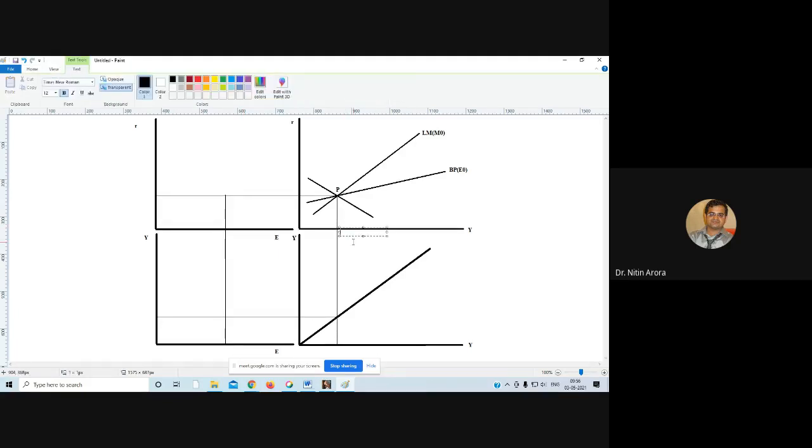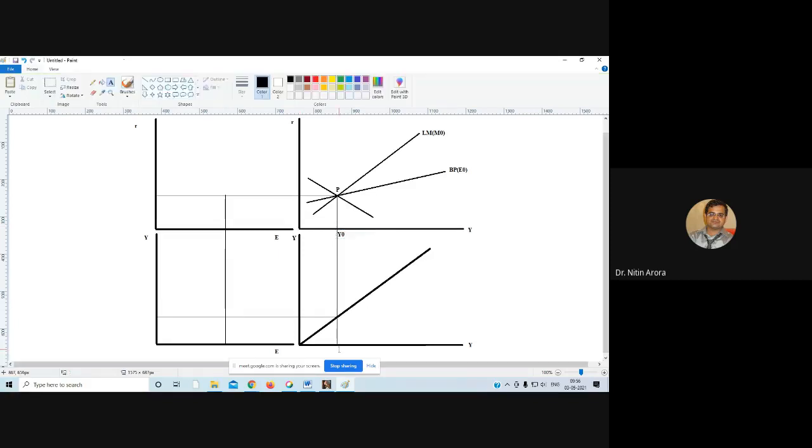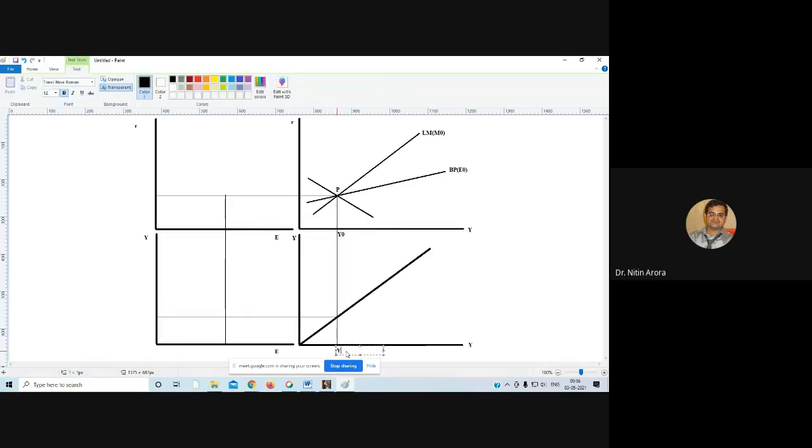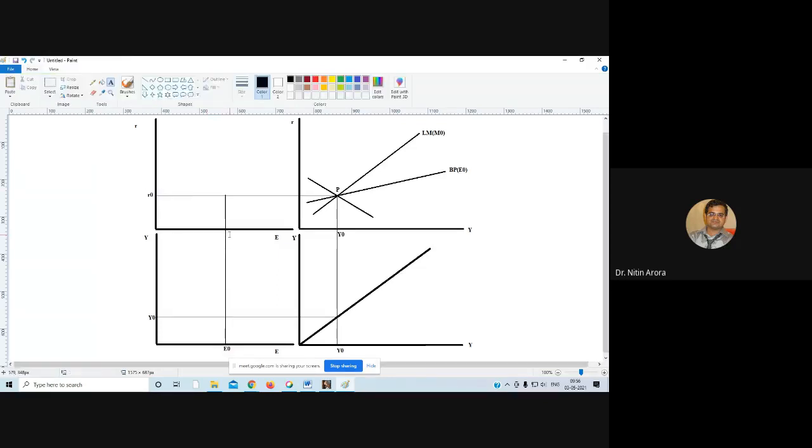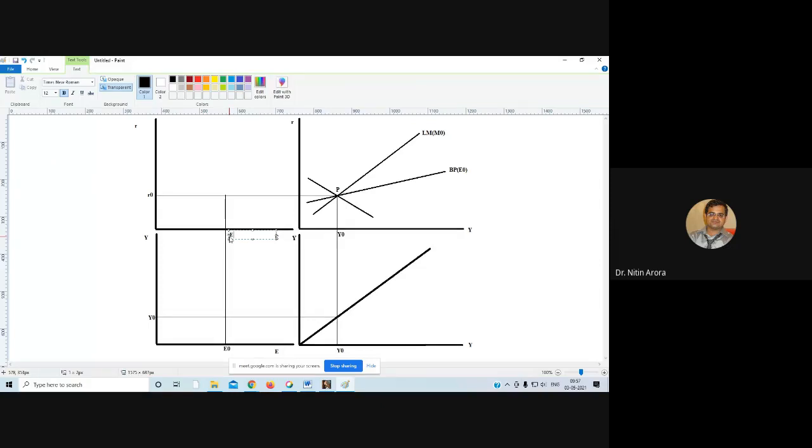We can mark these points as Y naught, Y naught, E naught, and R naught. This is E naught.